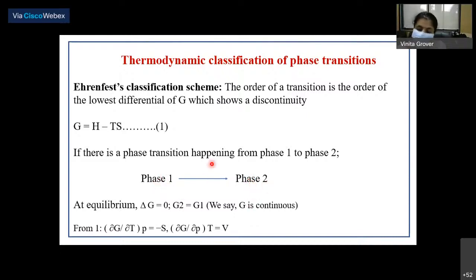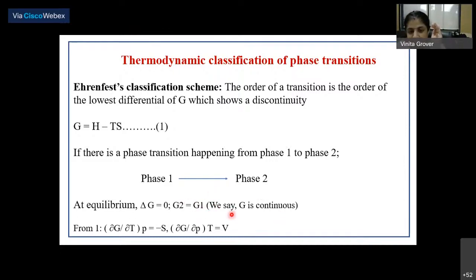Delta G is G2 minus G1. And when I say delta G is 0, G2 is equal to G1. You might find my explanation very kiddish, but it will help you understand it. And when G2 is equal to G1, the terminology we use is, we say G is continuous.